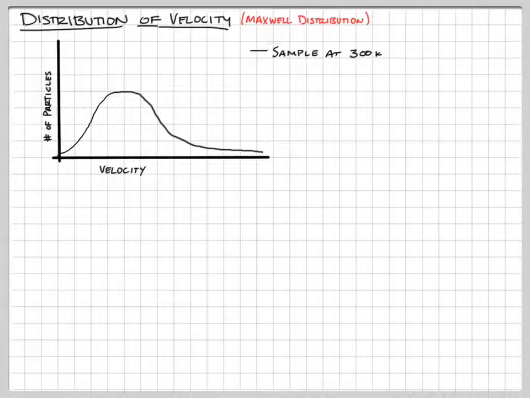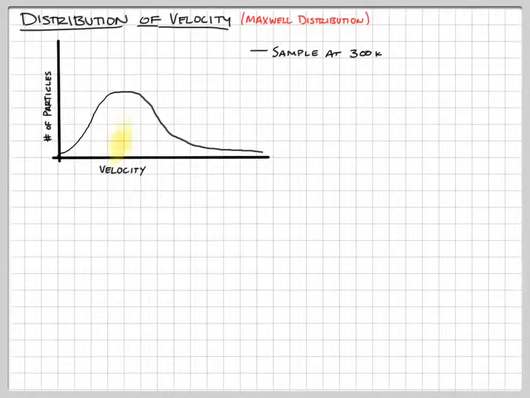But since these particles move randomly, I have a different number of particles with a different speed. So as we move out along the x-axis, the velocity increases. And as we move this way, the number of particles at that particular velocity increases.